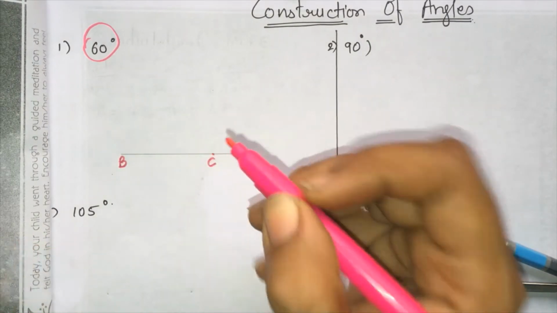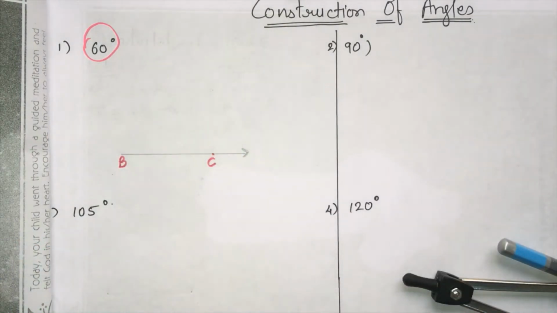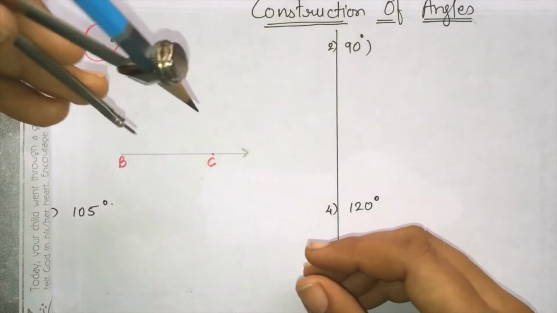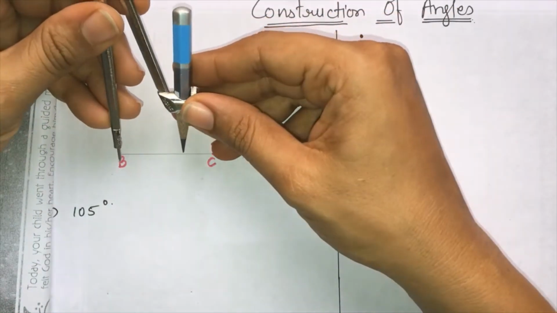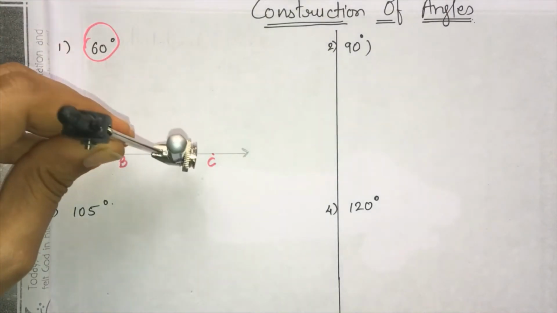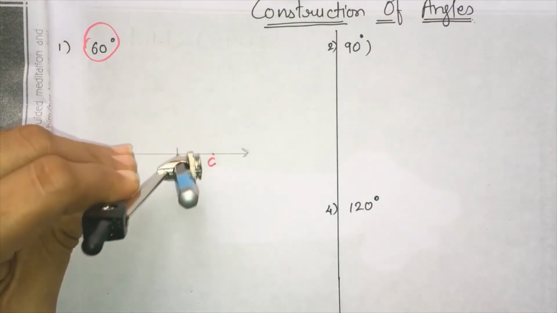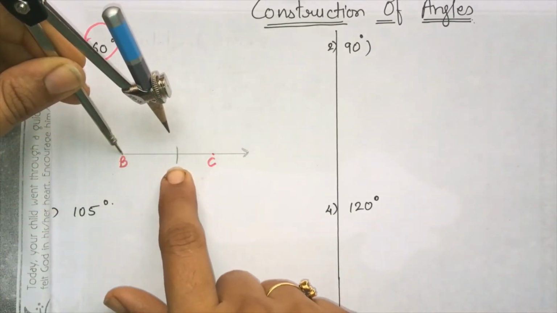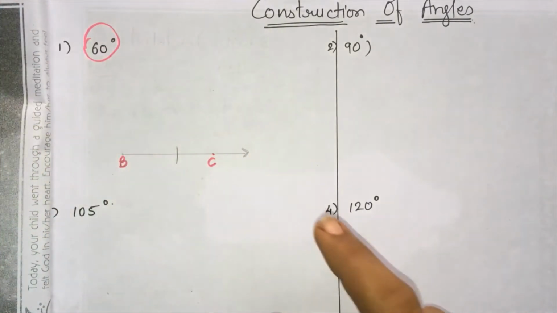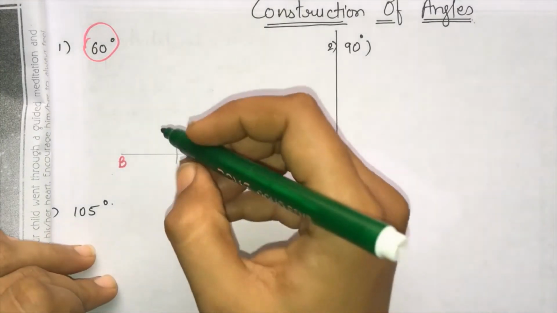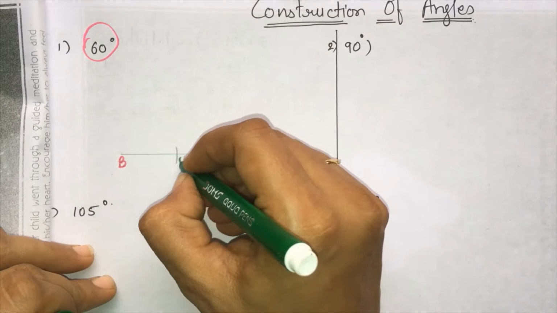There is some random point C also over here, so it will be easier for us to name it. Next step is, you will choose any random radius of your choice. Taking B as center, you will put first arc, and this point of intersection of an arc and ray, again you will name it with some letter, say O.